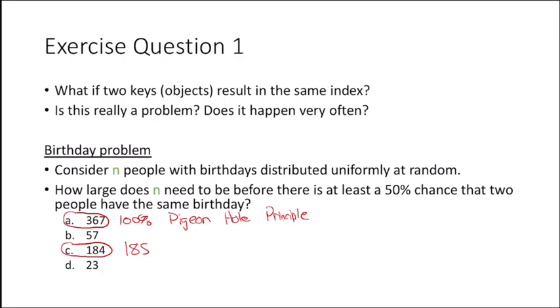Well, the 185th person is going to have a 50% chance by themselves of having a collision, which means the 184th person had roughly a 50% chance. So, just those two together are going to give you an expected number of collisions of 1. So pretty easy to eliminate this one. You're going to have a much higher chance than 50% at 184 people. You're at 100% here. So you're really left with two options.